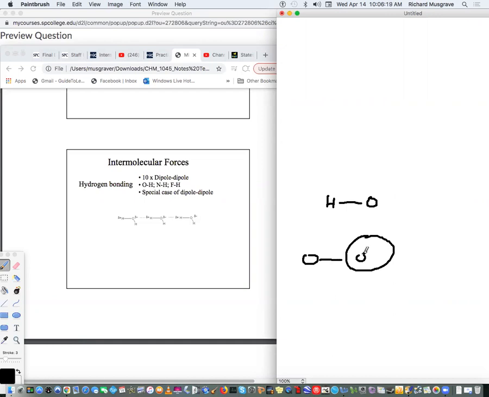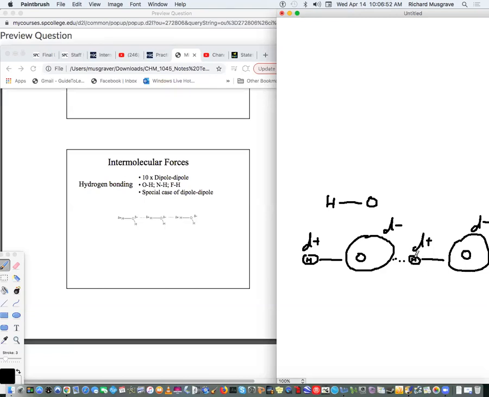So that's the O, and this is H. Because H is so small, when we get those attractive forces occurring, where O is delta minus and the hydrogen is delta plus, this distance here becomes quite short because the hydrogen is so small.